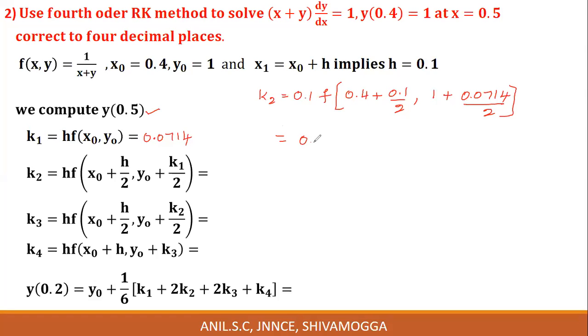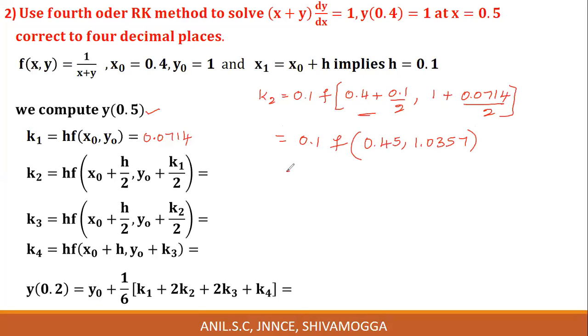This is equal to 0.1 into f of, first calculate this part. f of 0.4 plus 0.1 divided by 2. This is 0.45, and 1.0357.